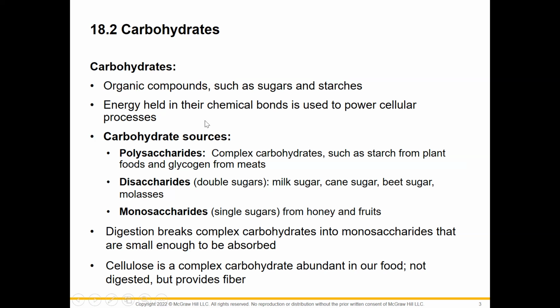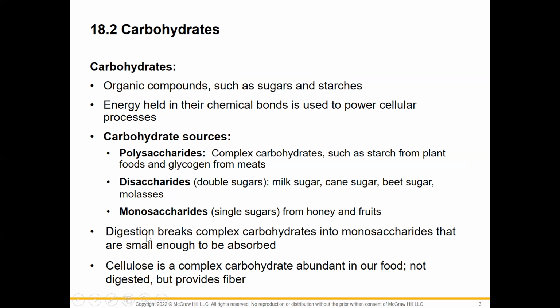Understanding the difference between these carbohydrate sources can even help you understand disease processes. We'll discuss that a little more later in the chapter. Remember that digestion is a process of breaking things down. You break down what you consume into smaller parts, into their molecules, so that your body can use them.